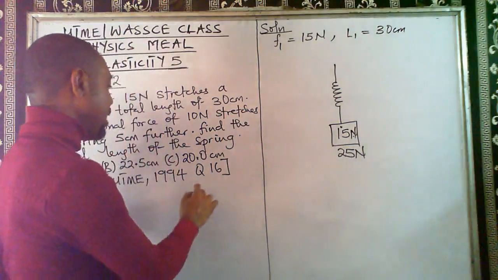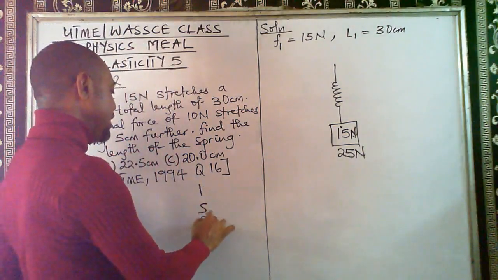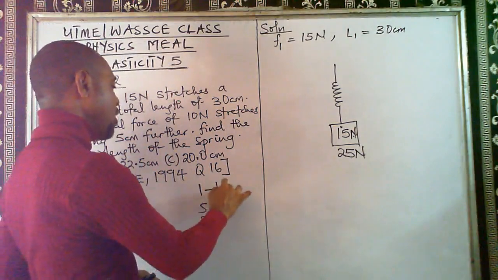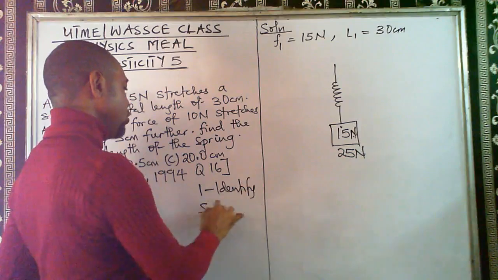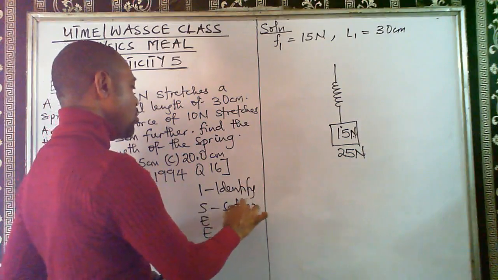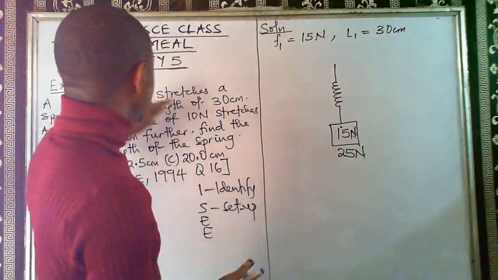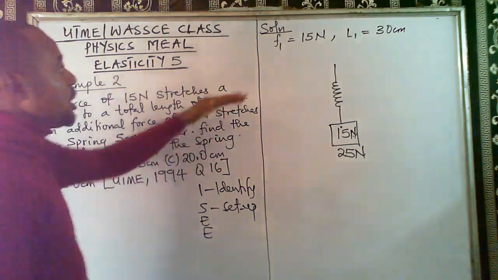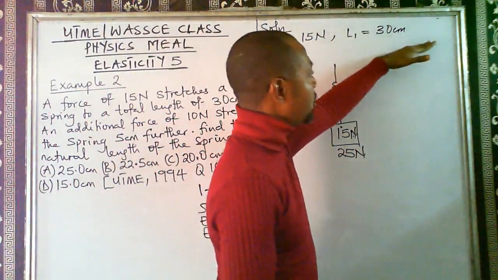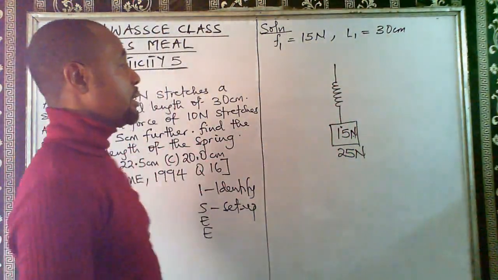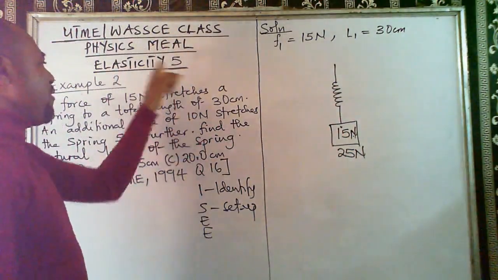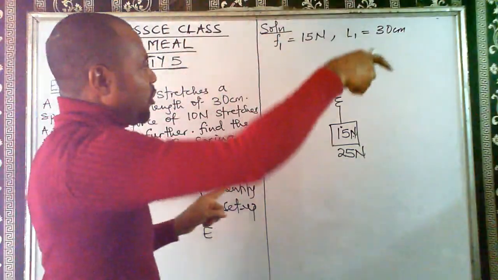Remember, we are still applying our principle of I see. You need to identify, you need to set up. So that's what we are doing now. We are doing identification and setting up, to identify the quantities given in the question and represent them using appropriate words and symbols. So an additional force to the original force.